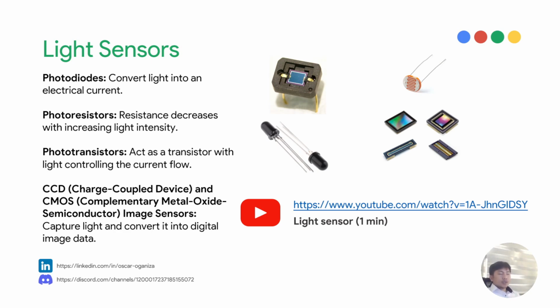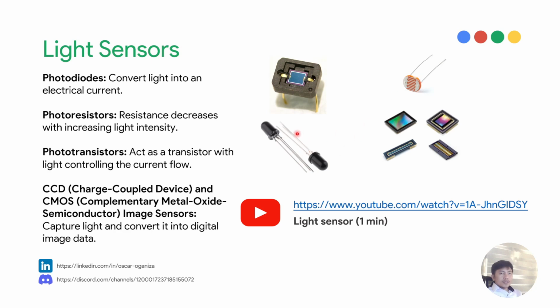So, if you can see, I have a marker here. This is a photodiode, okay? And here on the other side, the one on the right side is the photoresistor.